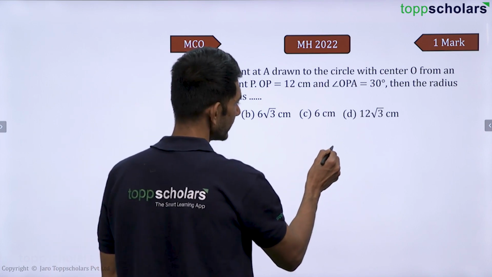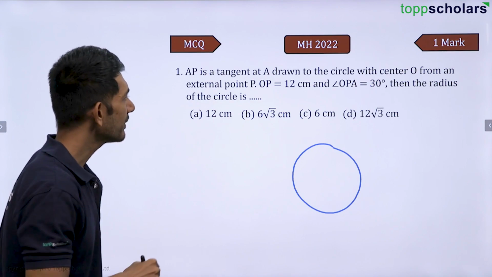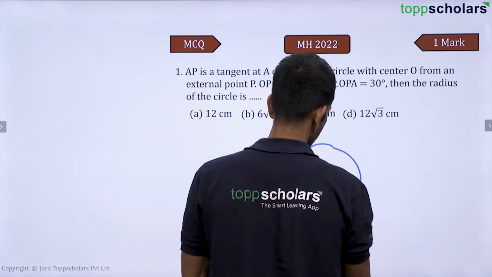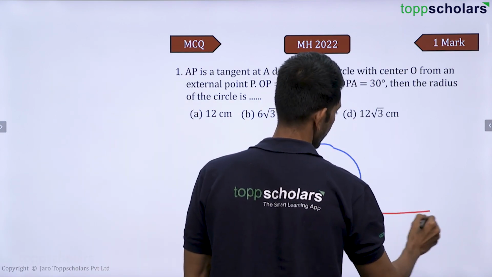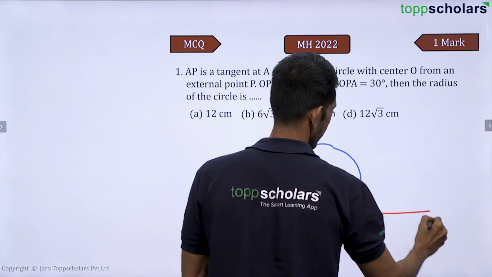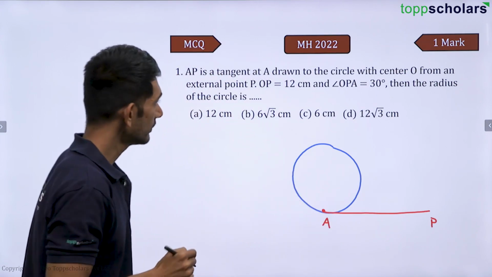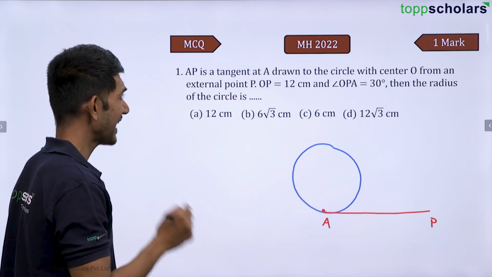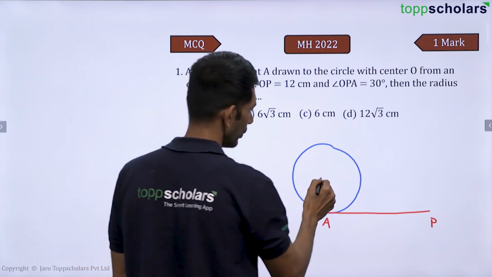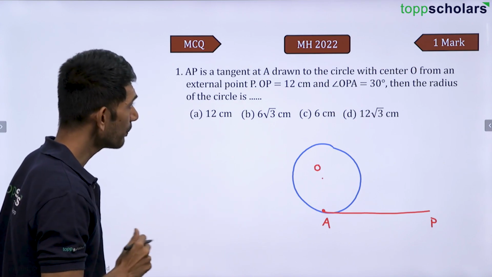So there is a circle basically, and AP is a tangent at A. This is A, this is P. Correct? AP is a tangent at A drawn to a circle with center O. So O is the center of the circle. OP is 12.